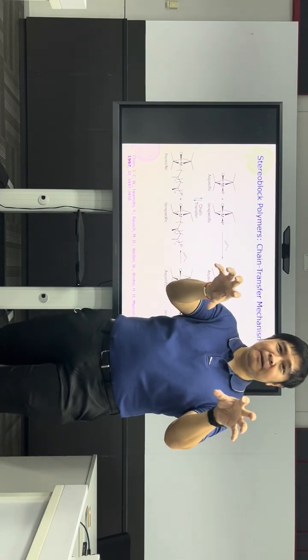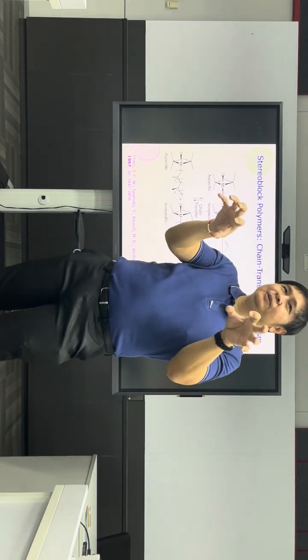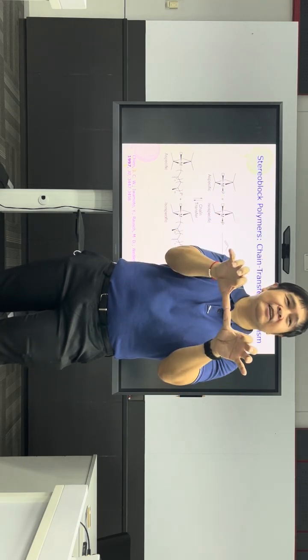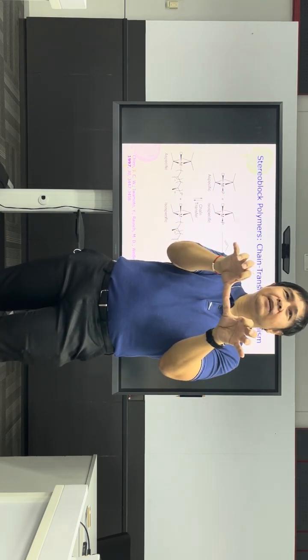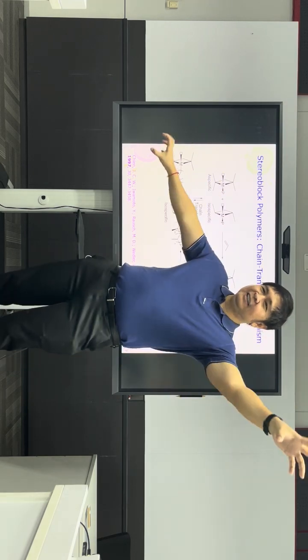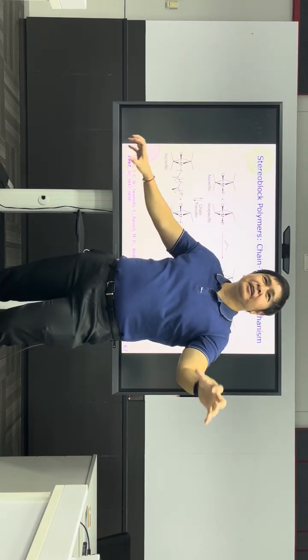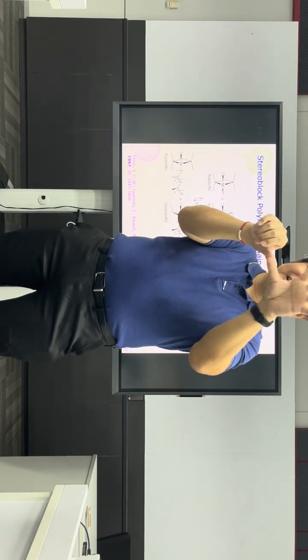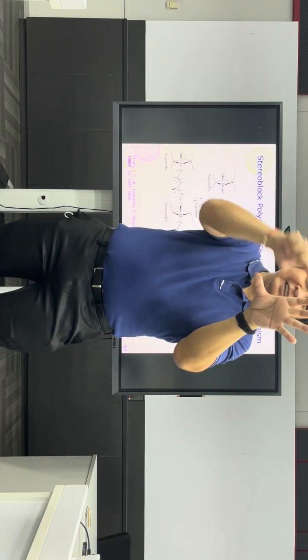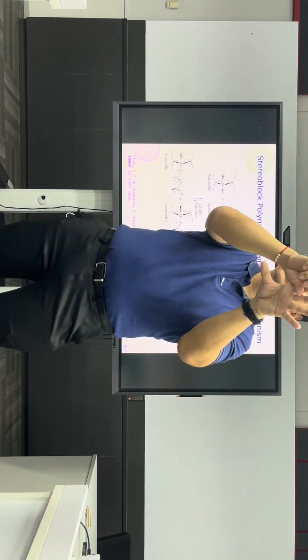The way to make this happen is you must link the two units together so that they are in close proximity. If you add two catalysts, they don't see each other, right? But if you link them covalently, like this one, when this polymerizes ethylene, you get polyethylene, and then this makes hexene. When hexene is produced, it gets incorporated immediately.